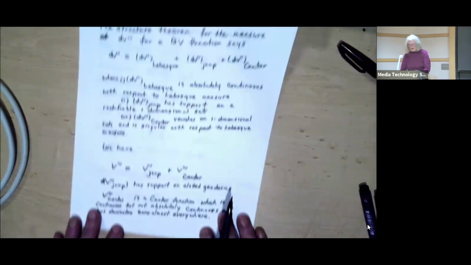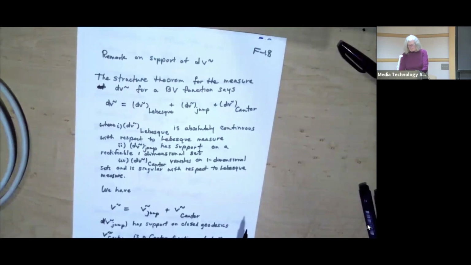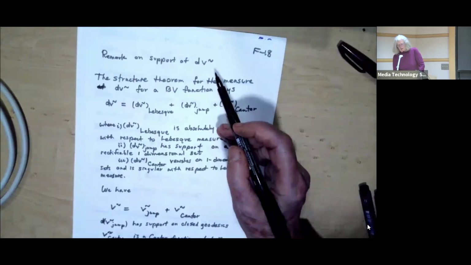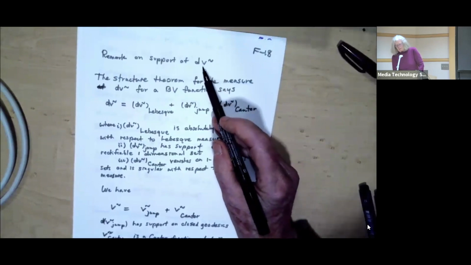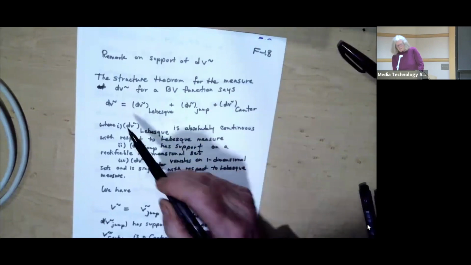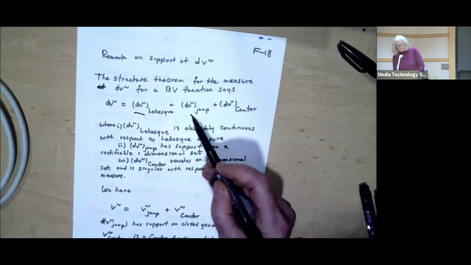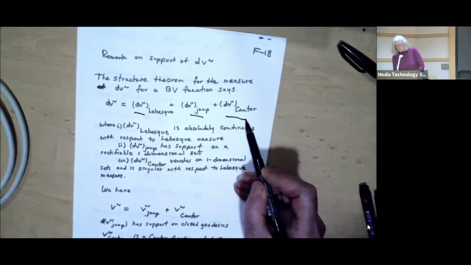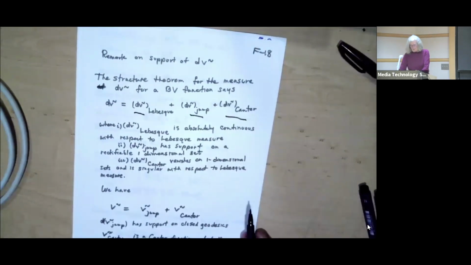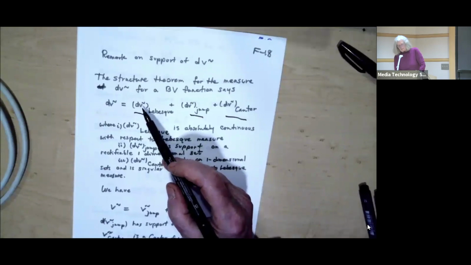Okay, and I thought this is a really interesting comment, because the structure theorem for the measure involved in a function of bounded variation splits it up into a Lebesgue part, a jump part, and a Cantor part. The Lebesgue part is absolutely continuous with respect to Lebesgue measure.